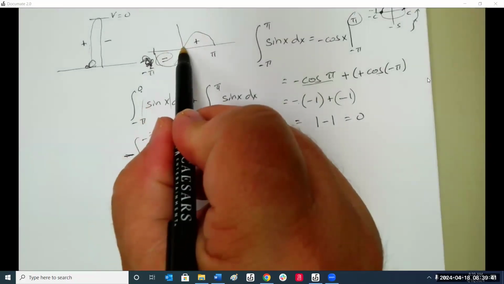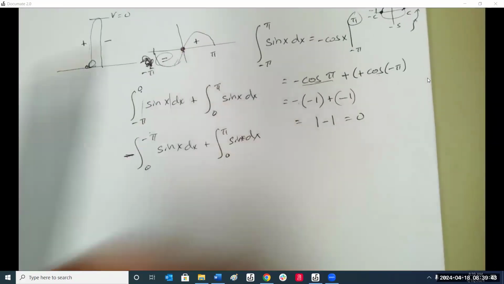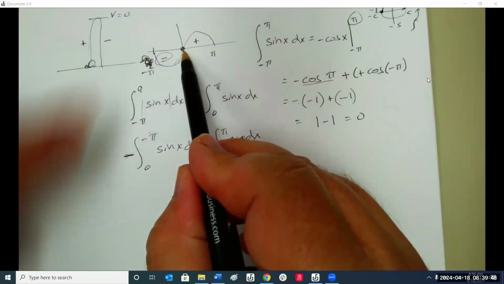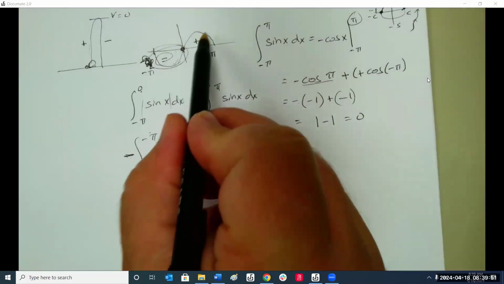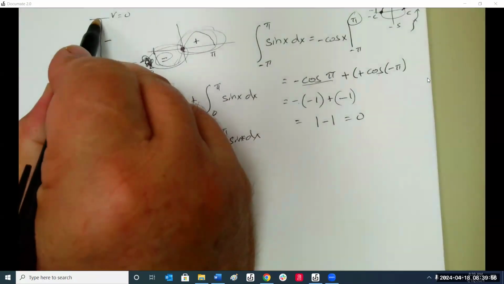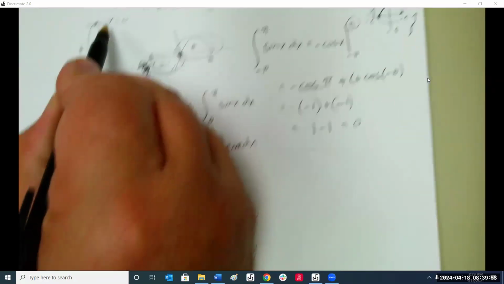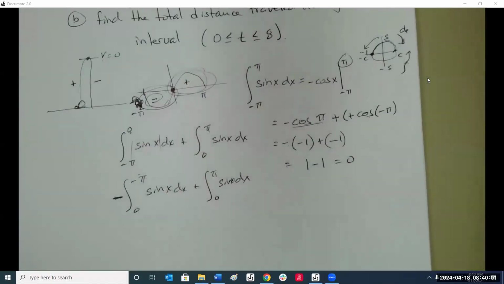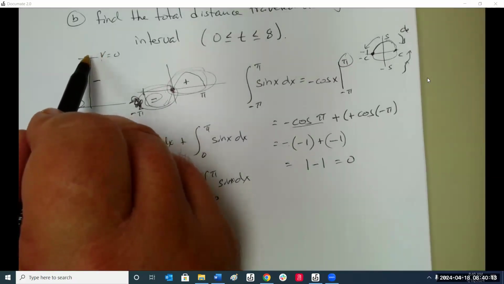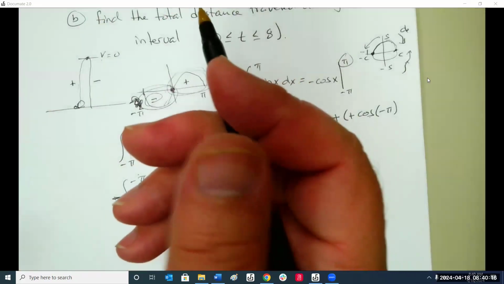Either way, we have to know when it equals 0. We know it equals 0 at both ends, and this one here, because this is going to cut our graph into two equal parts. So at what time does our velocity equal 0? Because remember, velocity is the first derivative of your position, so it's the slope of your position.